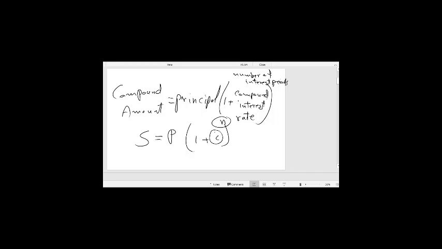So let's start with an example to learn how to use this formula in calculating a compound amount.